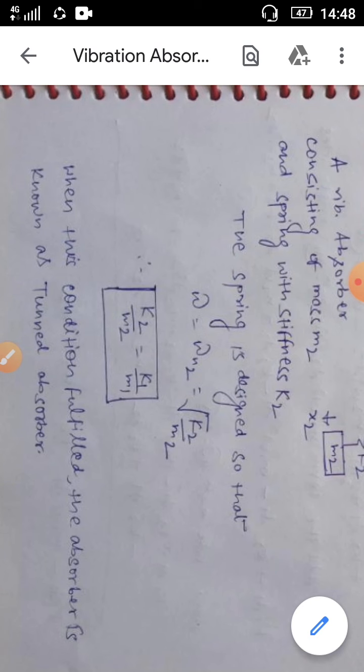It means that when we calculate the natural frequency of the main system as well as the natural frequency of our auxiliary absorber system, if both frequencies are the same, then it is called a tuned vibration absorber.